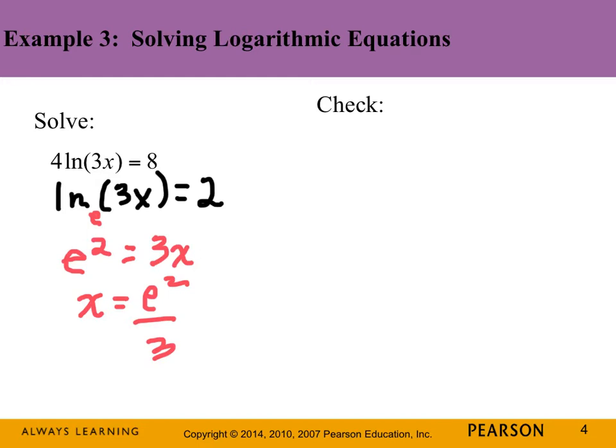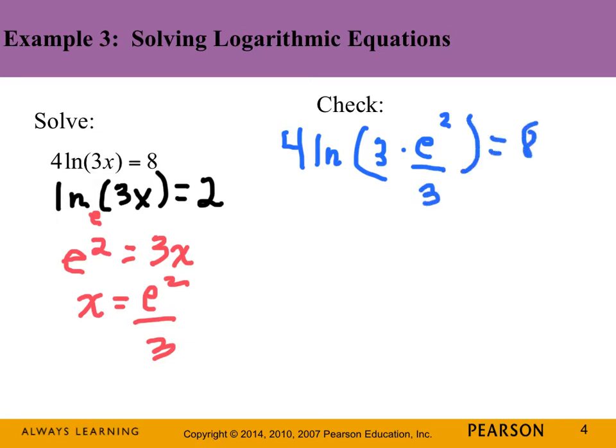Now to check our answer. 4 times the natural log of 3 times e squared over 3 equals 8. Okay, the 3's cancel. So then we have 4 times the natural log of e squared equals 8. Divide both sides by 4.